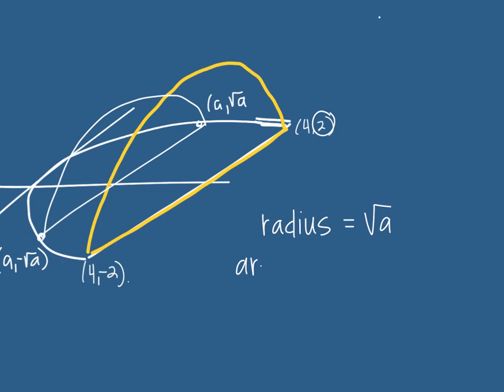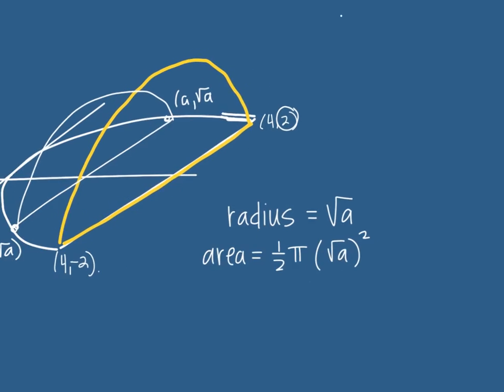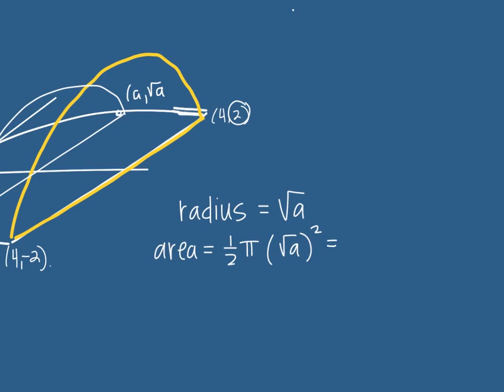So then the area would be 1/2 pi times rad a quantity squared. What does that work out to be? One-half pi a. That is the area.